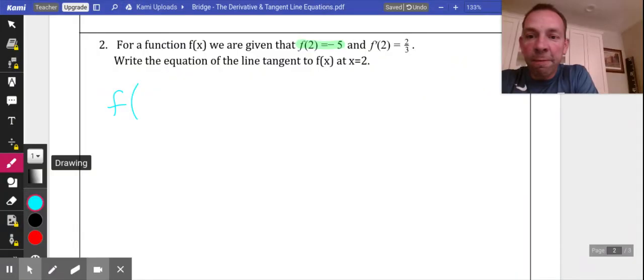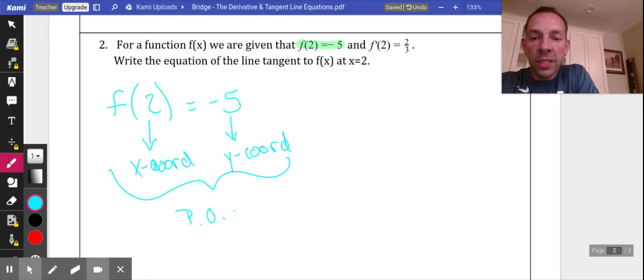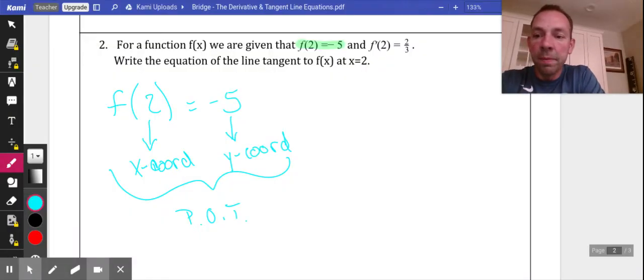When they say that f of 2 is equal to -5, what they're saying is that 2 is the x-coordinate and -5 is the y-coordinate, right? And together, that makes up your POT, your point of tangency.